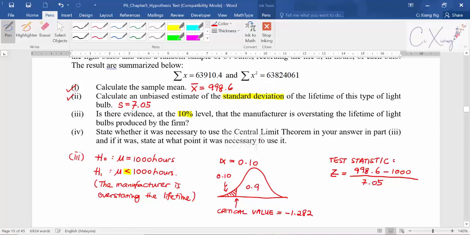I write it short here, but when I press the calculator, I use the original long value, because I want the most accurate answer. Then divided by square root of 64.